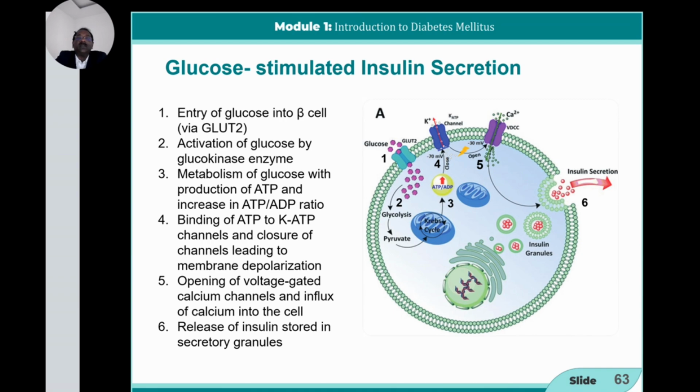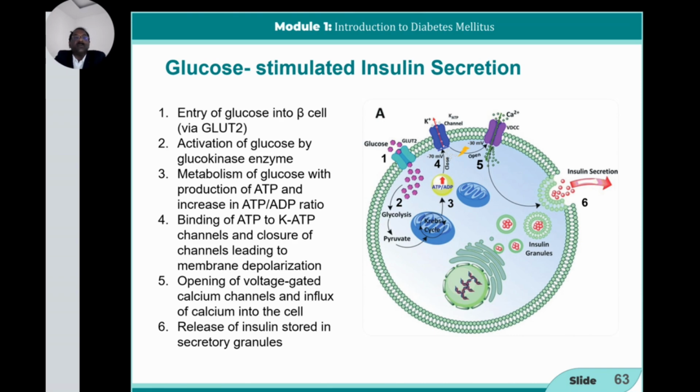So in the beta cell, the entry of glucose into the beta cell is via GLUT2. So GLUT2 receptors are there. So that glucose will enter into the beta cell, and in the beta cell it gets activated because of more and more glucose. That is by the glucokinase enzyme.